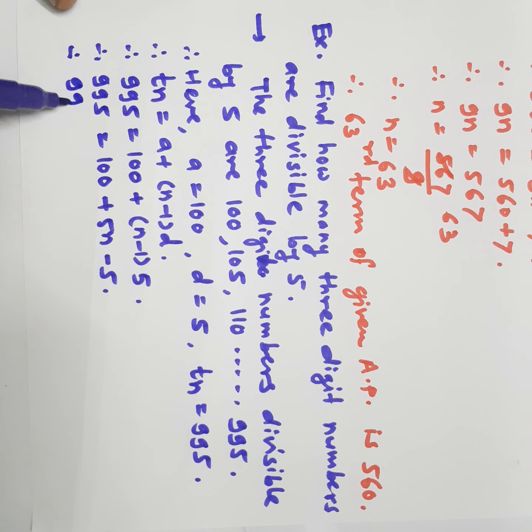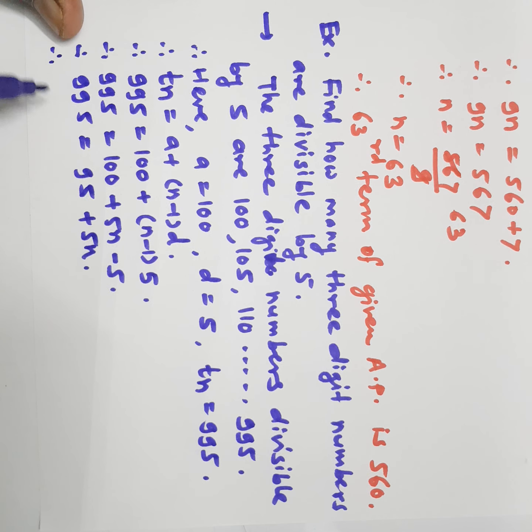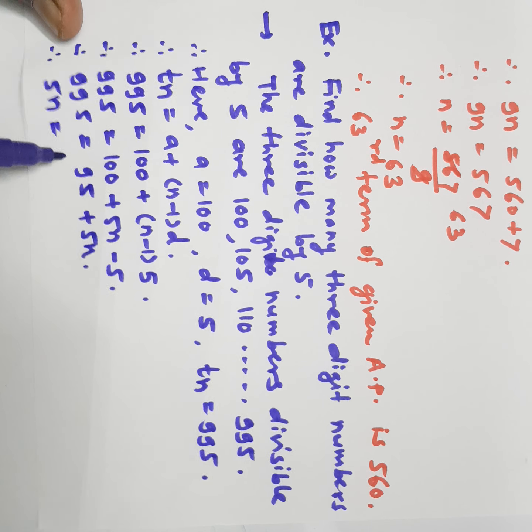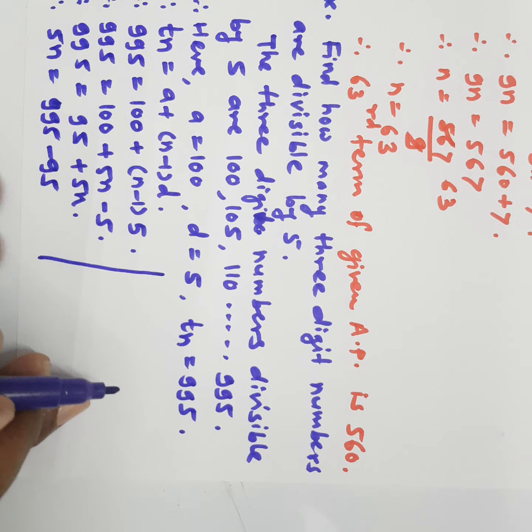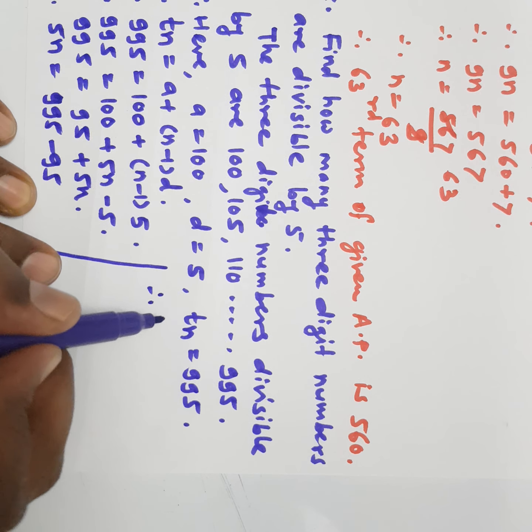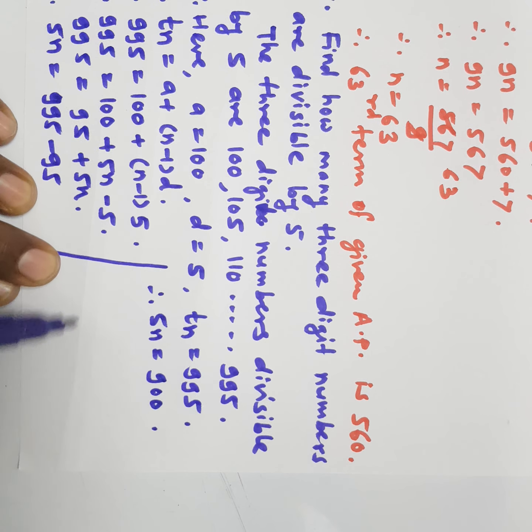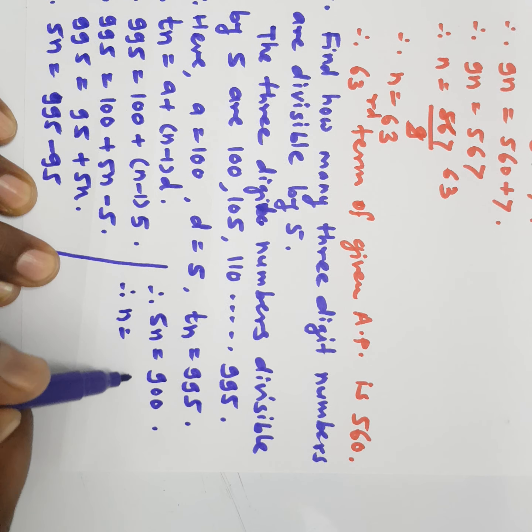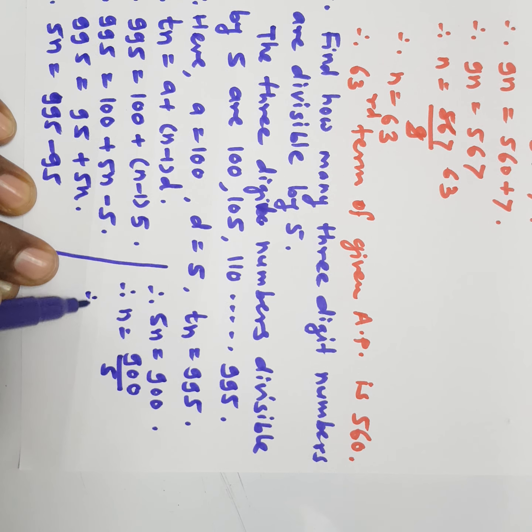Therefore, 995 is equal to 100 minus 5, 95 plus 5n. Therefore, 5n is equal to 995 minus 95. Therefore, 5n is equal to 900. Therefore, n is equal to 900 upon 5.